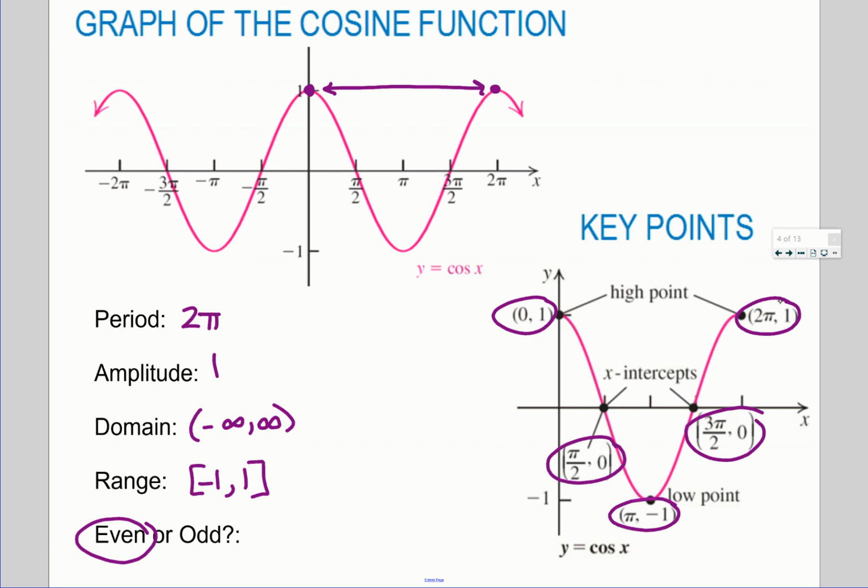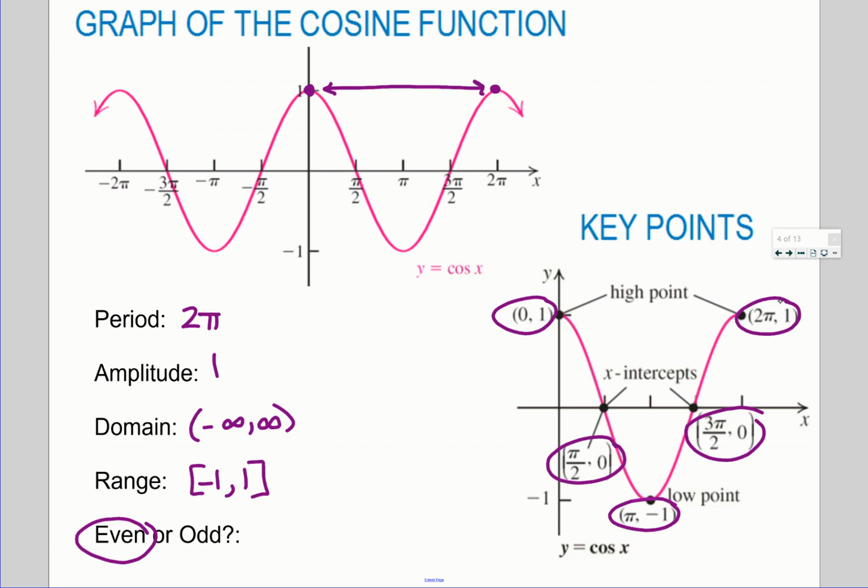So when I'm at 0, what's my x-coordinate? 1. That's why it starts at 1. Then as I rotate around my circle, my x-coordinate goes to 0, to -1, back to 0, and back up to 1. And then it starts over again because I've made my full rotation. Okay, and that's why, again, we're getting that wave shape.